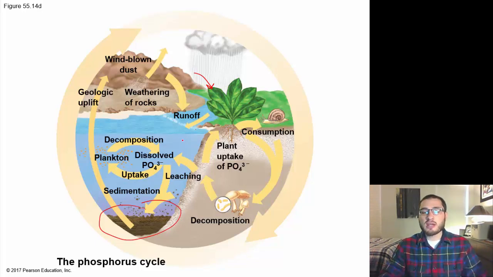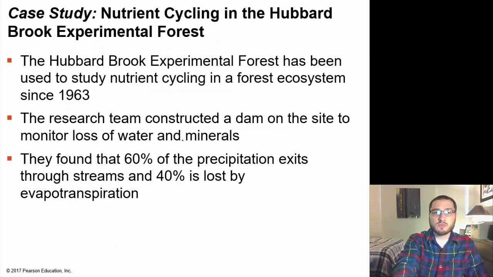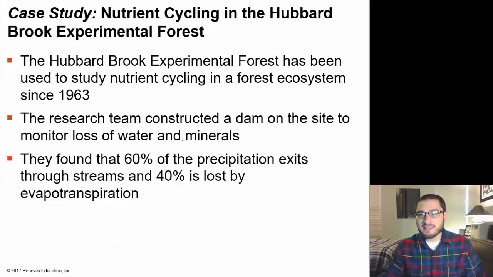But there are times when we are adding phosphorus to our environments, and that is going to throw off the balance of this element in the ecosystem. So when we look at this in experiments in real life, you have different studies that have taken place.